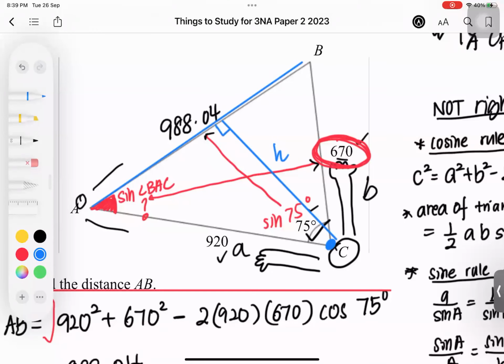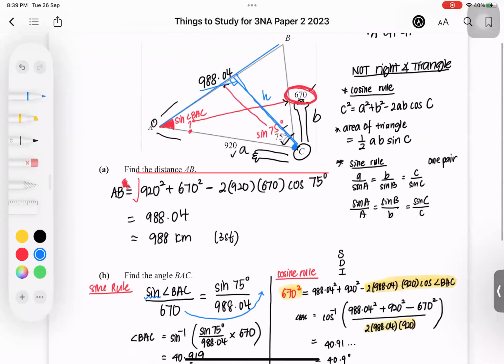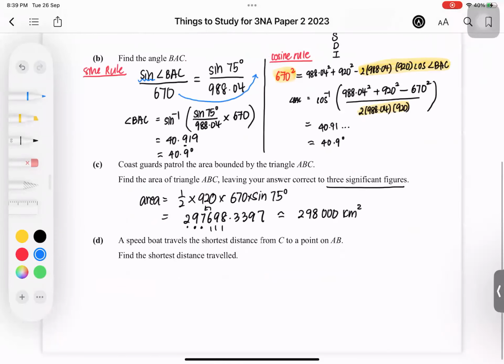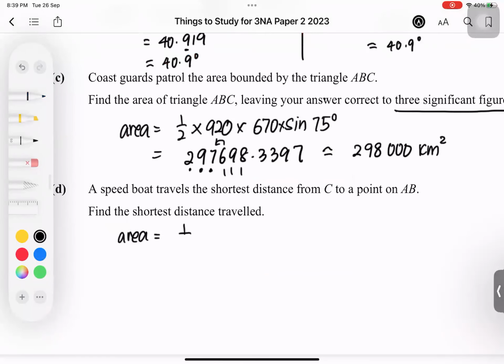So the new base is 988.04. Then the height is this distance here, H. So in this case, area of triangle equals half times base times height. The area is this number. Use it. Half times new base.